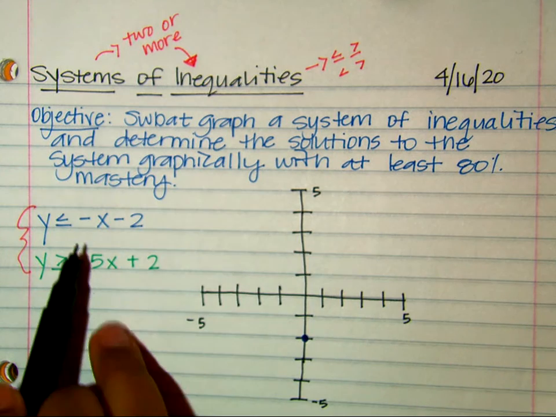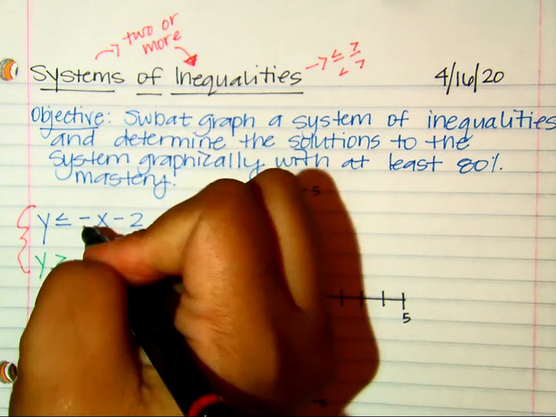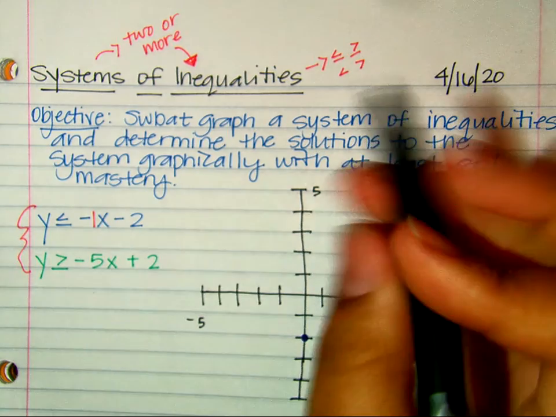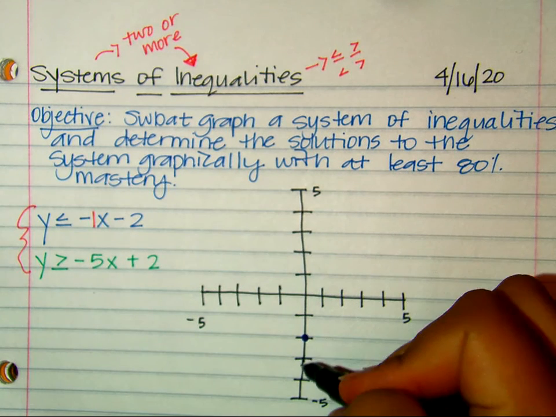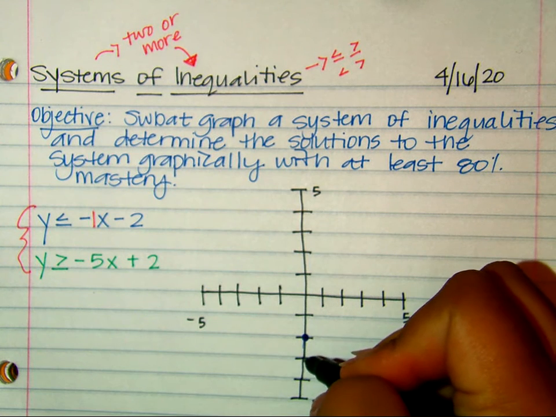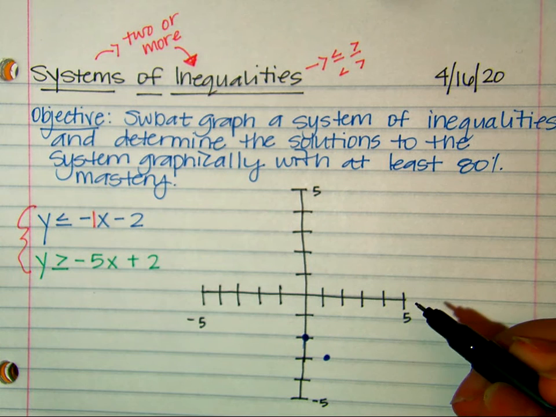And then it looks like my slope is a -1. So remember, in front of the x, since there's not a number, it's an invisible 1. So that's a -1. So that means I'm going to go down 1 and then over to the right 1. So I'm going to start here and count down 1 and over to the right 1, and that will be my next plot.